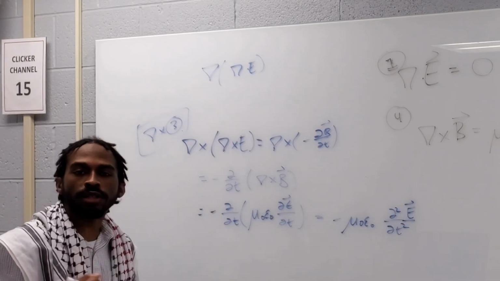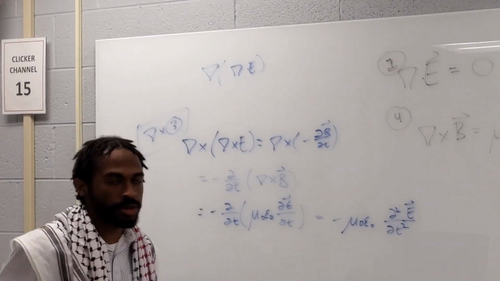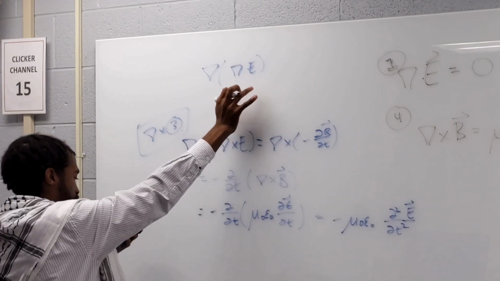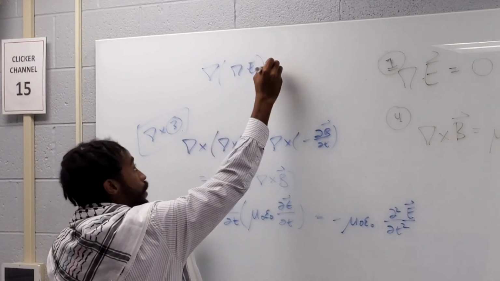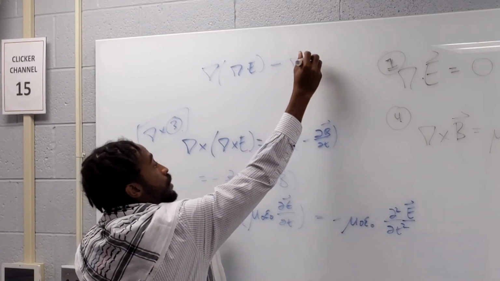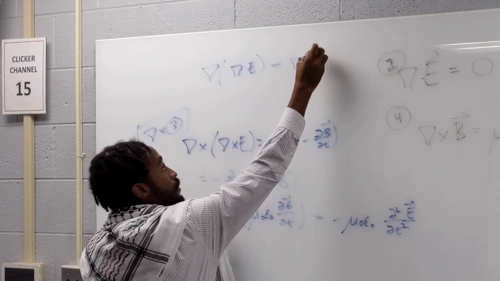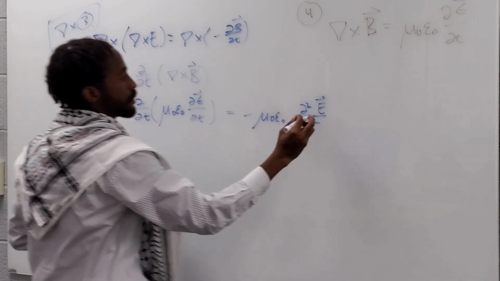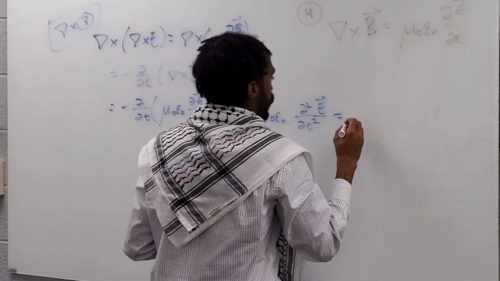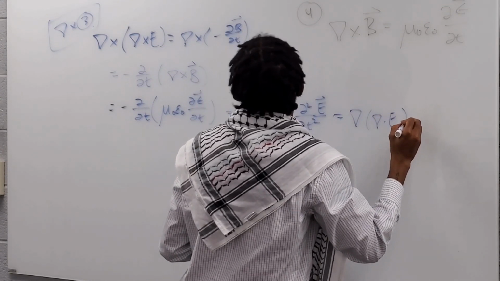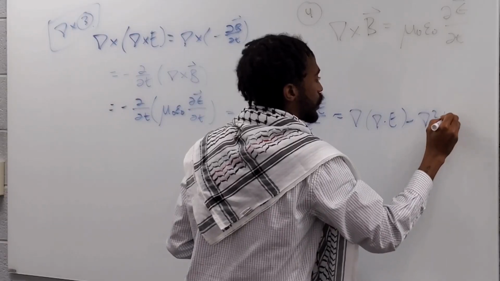The gradient. The gradient of the divergence of the vector function, minus del squared E. So then this is also equal to del gradient of del dot E minus del squared E.